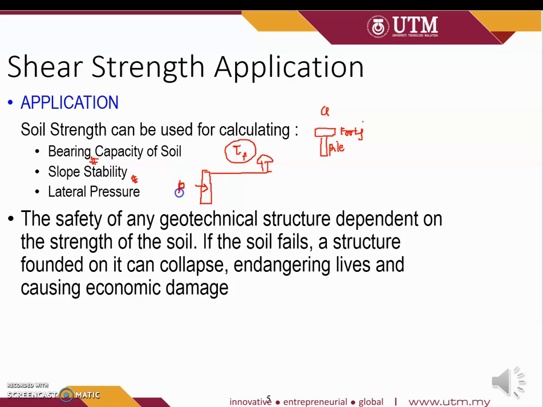It will receive lateral pressure, but the weight and the lateral pressure itself, active pressure especially, will either overcome it or make the retaining wall structure fail. So at the end, it might collapse, endanger lives, and cause economic damage.